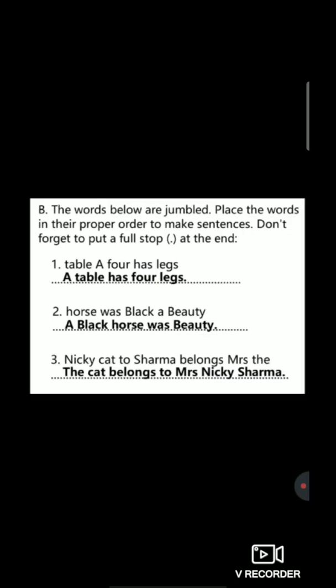Students, if you see in all the sentences, the first letter is a capital letter, right? And at the end of the sentence, there is a full stop. And all the words are in their proper order, so that the sentences are formed properly. Right students? Now the third point, means the C1.